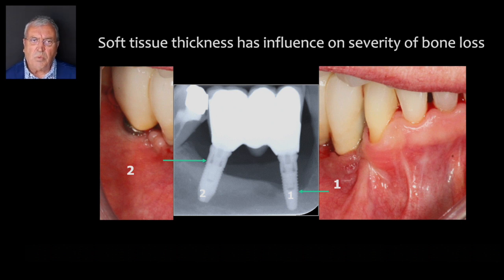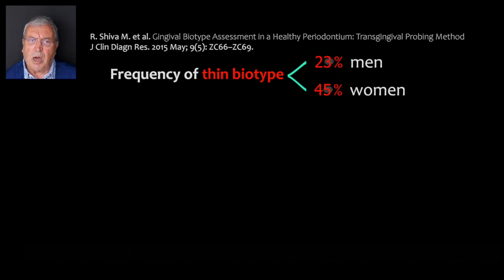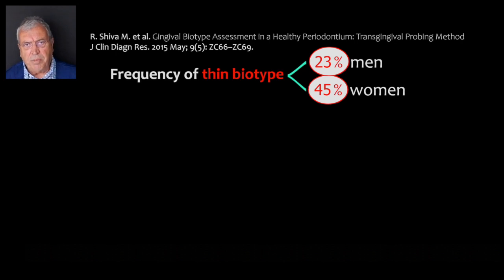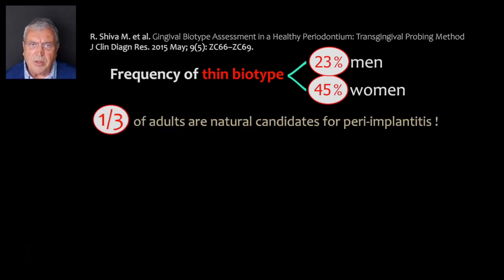Then we can try to find how many people are living with a deficient biotype. Look, one quarter of men, half of women. It means that one third of adults are natural candidates for peri-implantitis because they don't have the right soft tissue to avoid inflammation.